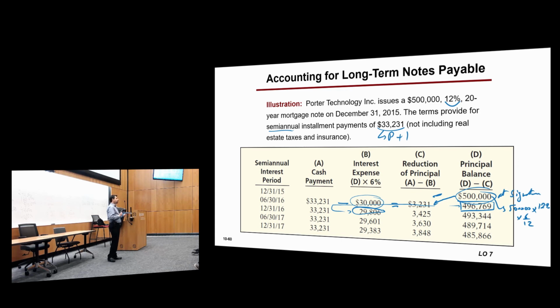Again, you subtract it from 33,231, and it will give you 3,425. As you can see, the amount paid against the principal starts increasing. The interest expense starts decreasing with time. The installment will always be the same.